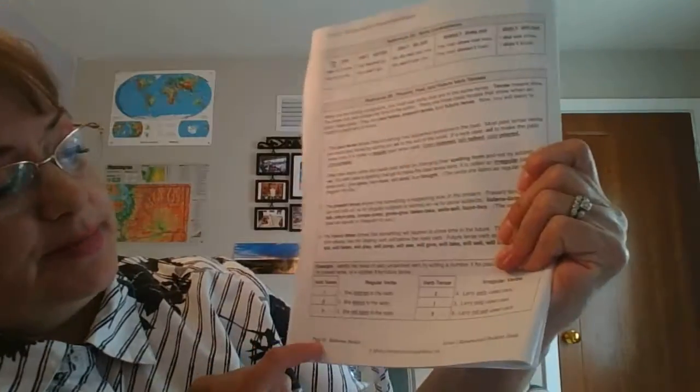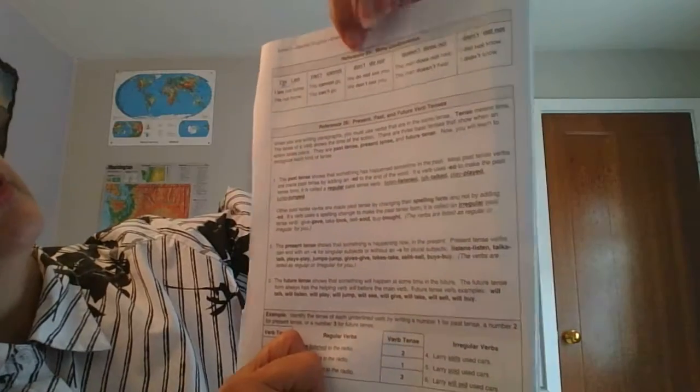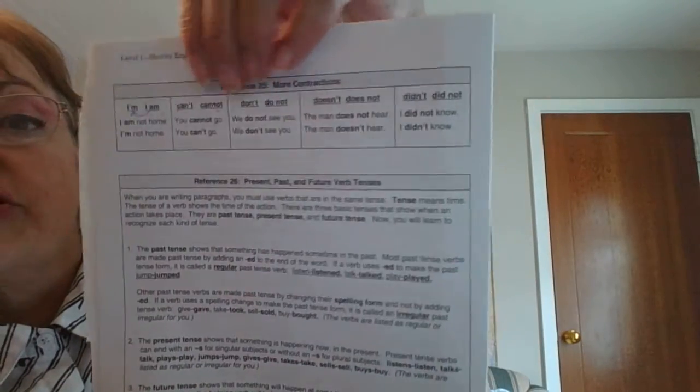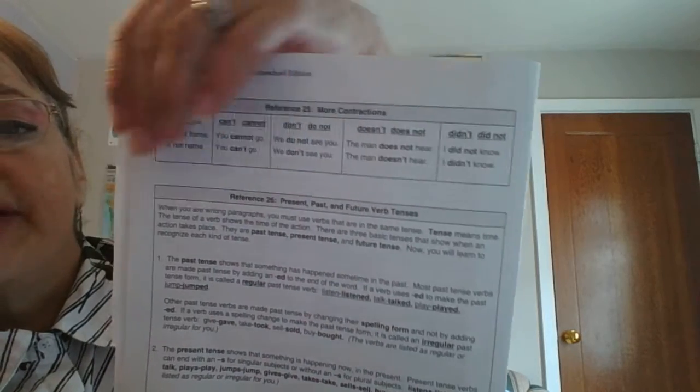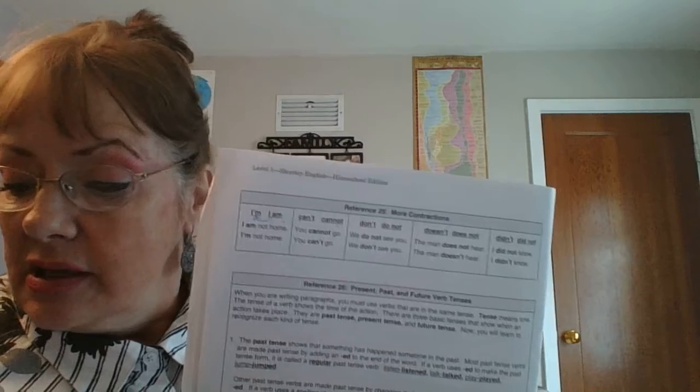And then on the next page, which would be page 22 at the top, we have some more contractions that they split up for you and then squeeze back together into contractions. So that is all I am going to go over with you kids.